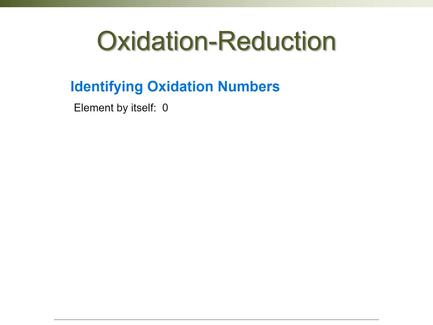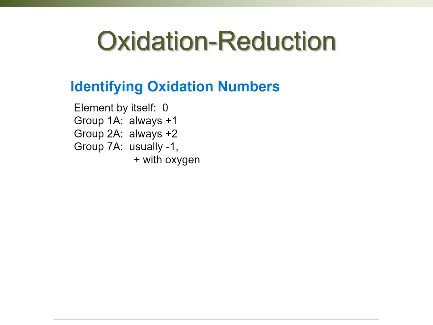So its oxidation number is going to be 0. If you are a group 1A element in a compound, it's going to have a +1 oxidation number always. If you're a group 2A, you will have an oxidation number of +2 when you're in a compound. If you are group 7A, usually you're going to be a -1 for an oxidation number, unless you're with oxygen, in which case you will be a +1.